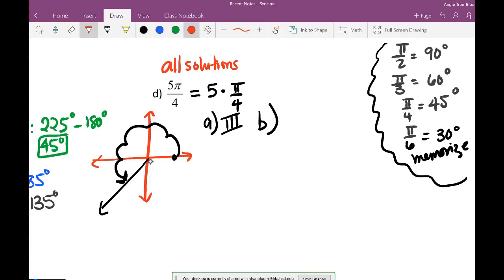You may not give me anything in degrees if we're starting out with radians, okay? All solutions must be in radians.